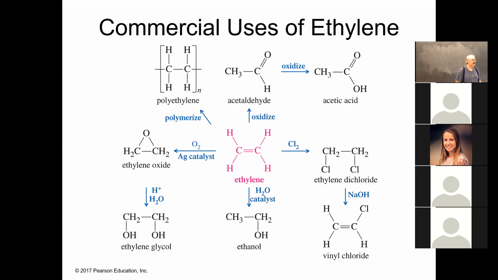When fruit is shipped for long distances, it's picked while it's still green, and then when it arrives at its destination, it can be exposed to ethylene just before it's to be sold.